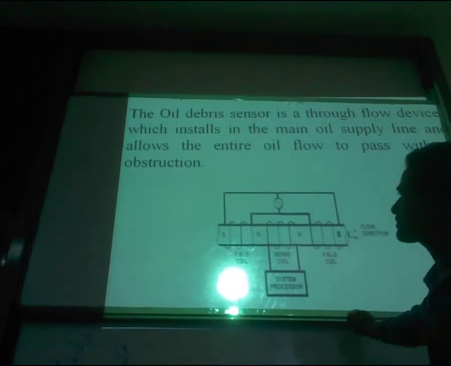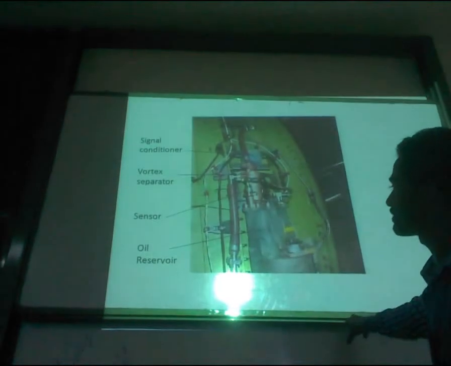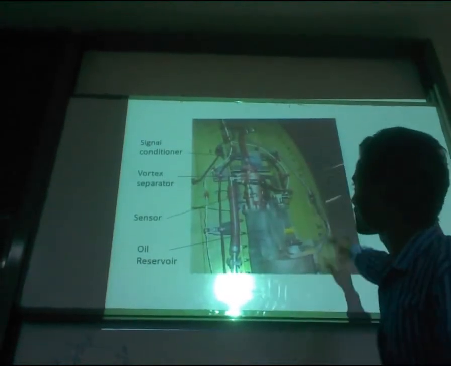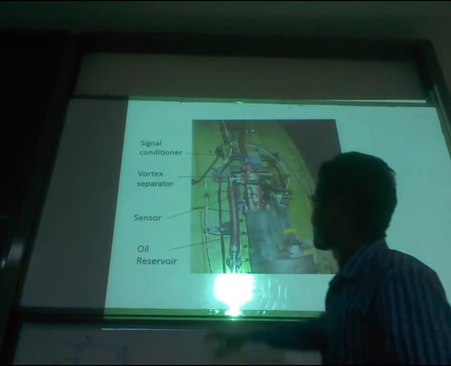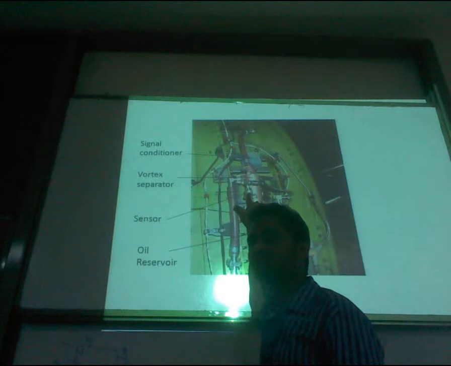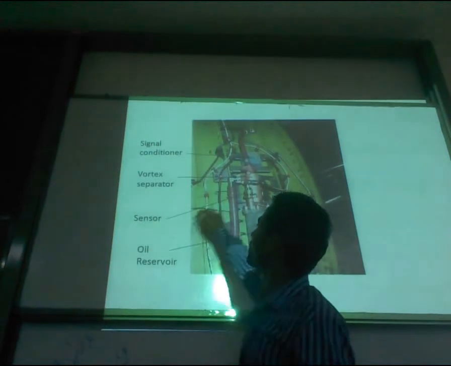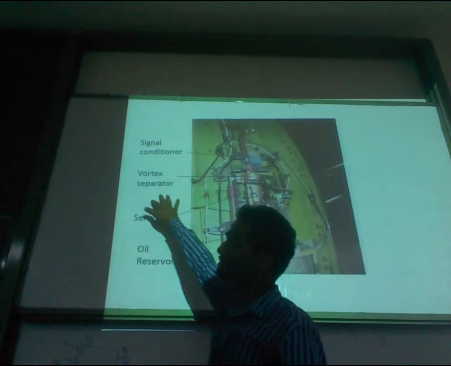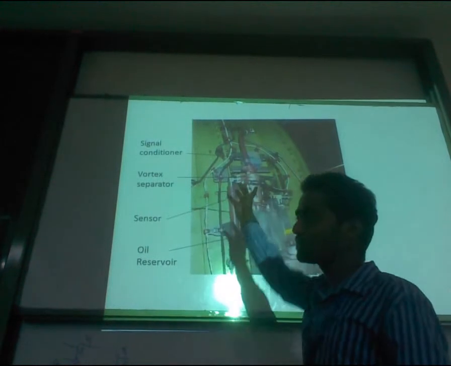Okay, next. See, this is the exact installation of the oil debris sensor. This is the outer part of the engine, this is the reservoir, and this is the main pipeline of the oil reservoir where our oil debris sensor is mounted. After the oil debris sensor, the vortex separator is mounted.